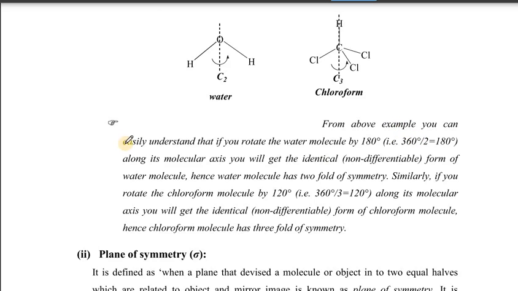From the above example, we can understand that if we rotate the water molecule by 180 degrees along its molecular axis, we get the identical form of the water molecule. Hence, the water molecule has a twofold axis of symmetry. Similarly, if we rotate the chloroform molecule by 120 degrees along its molecular axis, we will get the identical form of the chloroform molecule thrice, that is, it has a threefold axis of symmetry.